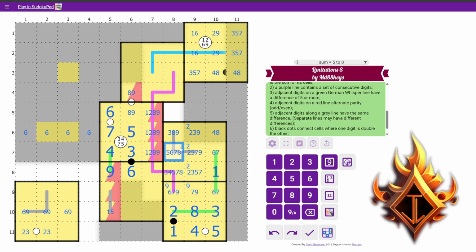But I took out 6 because if 6 does go here, then 9 has to as well. So that feels right. And then I took out 3 there. Oh no, I can't take 3 out of there, because that could be 3, 5, 7.